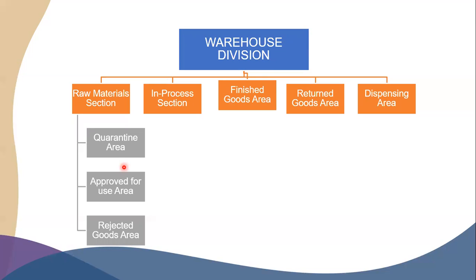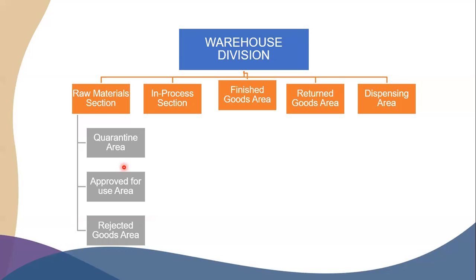So when we say kasi quarantine area, this is the area for raw materials class that are just kakadating lang ng mga materials. So, kina-quarantine pa yan kasi once they've reached the manufacturing plant, they will still be undergoing inventory.